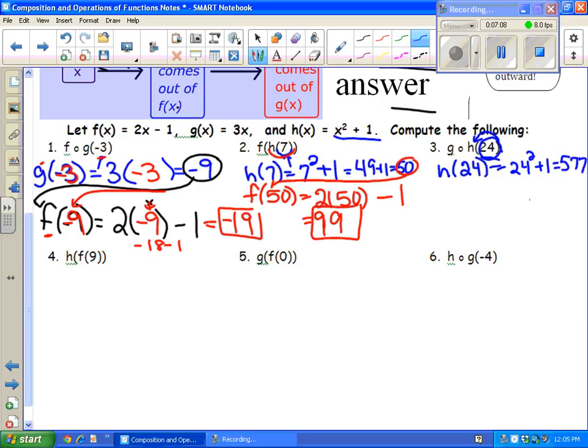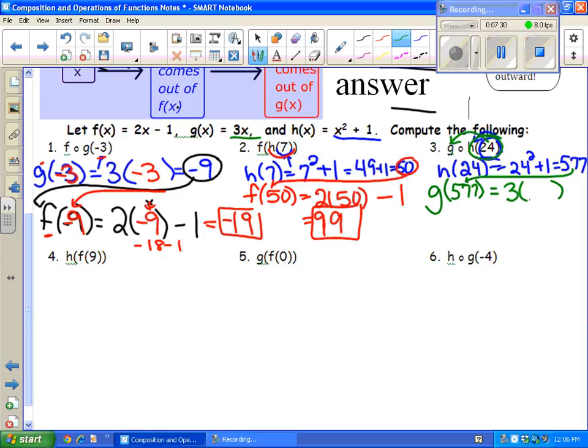Is that my final answer? No. After I do the H function, I'm going to take the answer from H and put it where? Into G. The G function says 3 times x. So now I'm going to put 577, which is the answer, into the G function. So it's 3 times x.